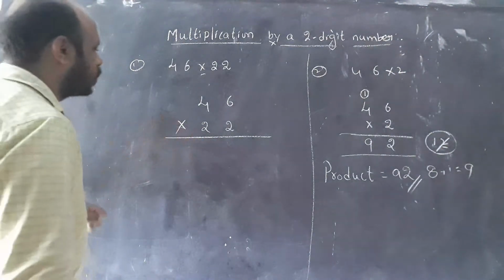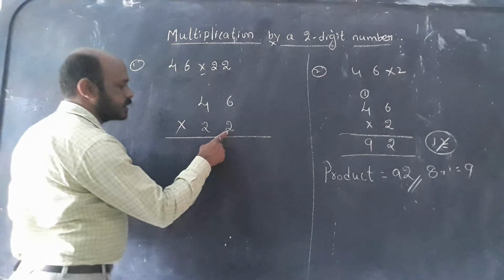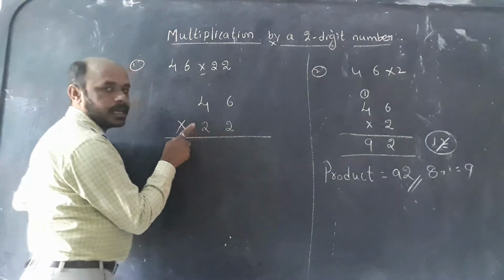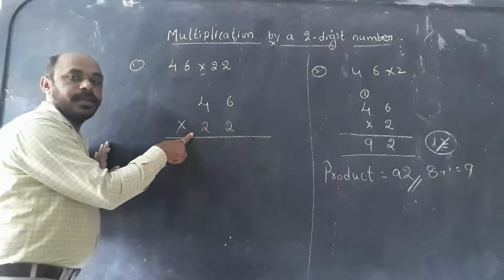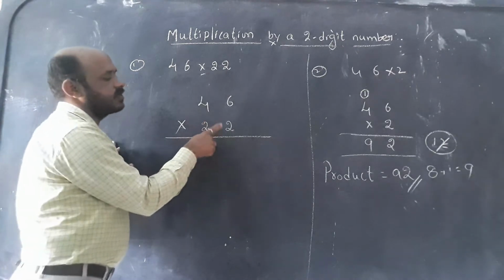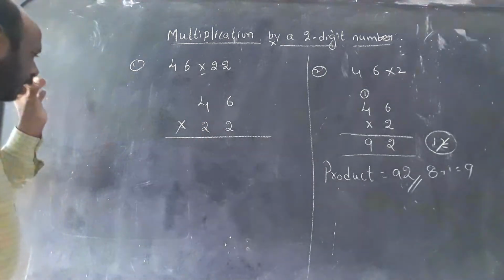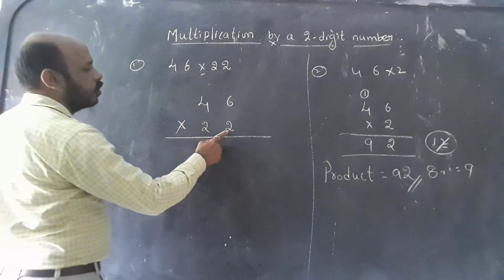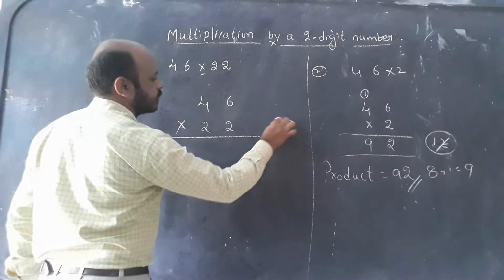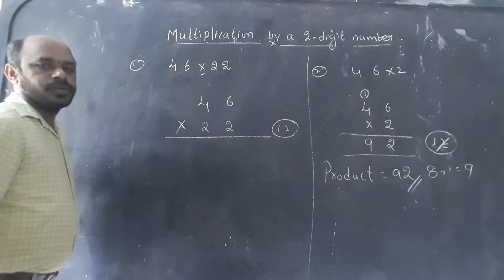First take the ones place. Don't multiply the tens place value of the multiplier yet. First we start from the ones place onwards. 2 sixes are 12. Again we got 2 sixes are 12.